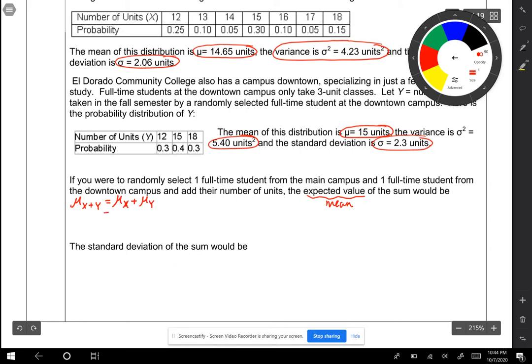So that would be 14.65, and that's why I circled everything, plus 15. So that would be 29.65 units.